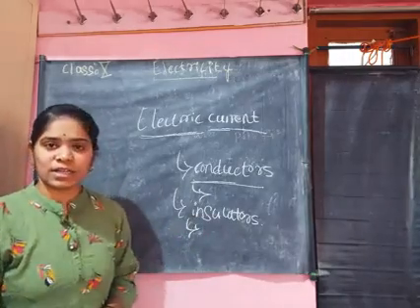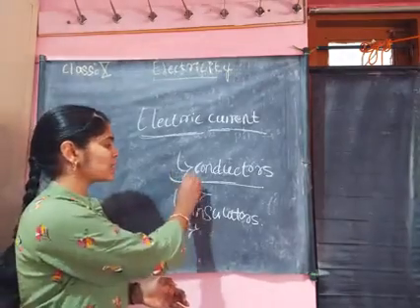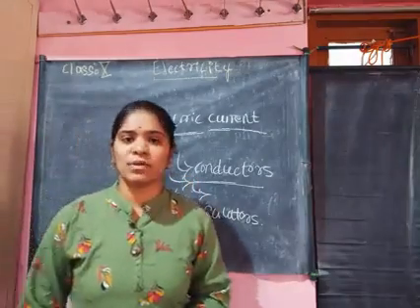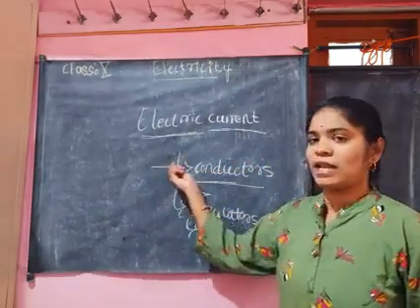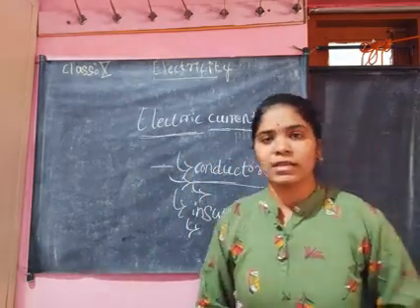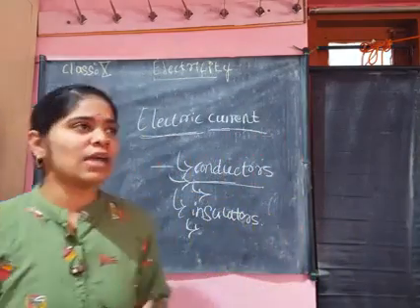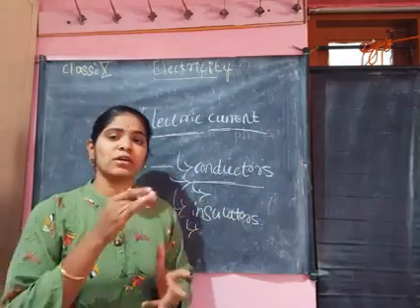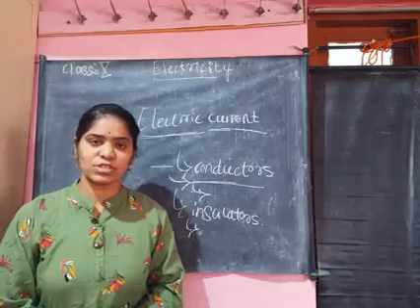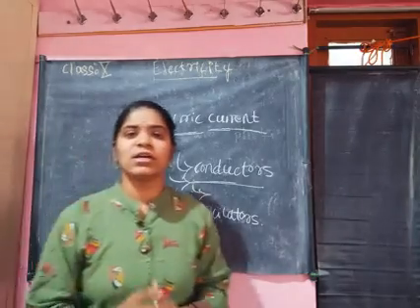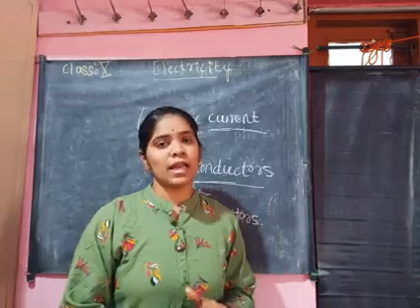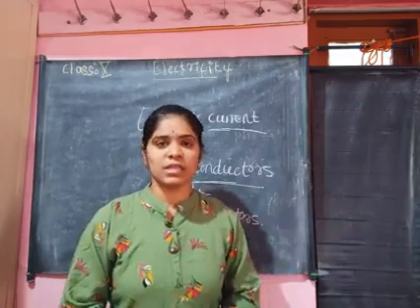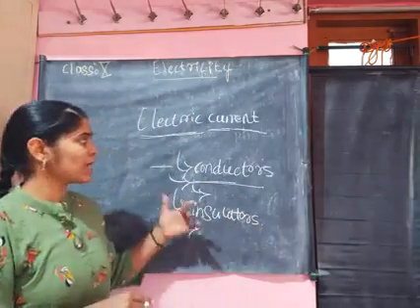When the electric charges flow through these conductors, there is a formation of an electric current, right? You are observing electric currents in your home appliances. In these charges, there is a presence of electrons, which allow the electricity to pass through easily. So this is about the electric current.